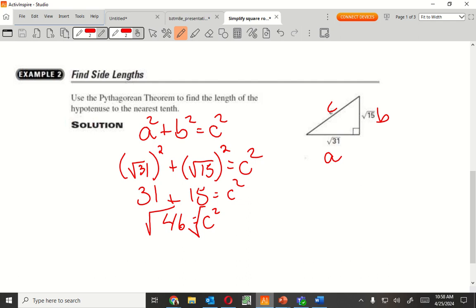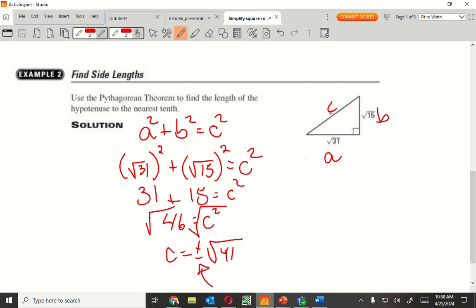That's what we do right here. So square root both sides, so I should get C is equal to the plus or minus square root of 41. Now this process here with the plus or minus is super important. Right now in geometry, we're not dealing with any values in the coordinate plane. So all of our values have an actual measurement, so all of our values will be positive.